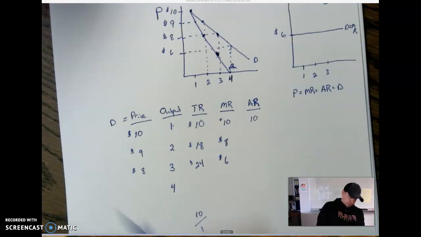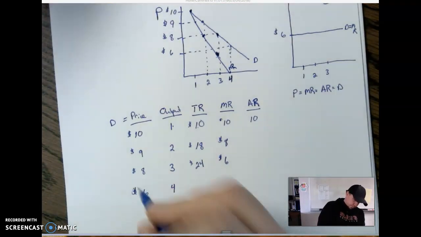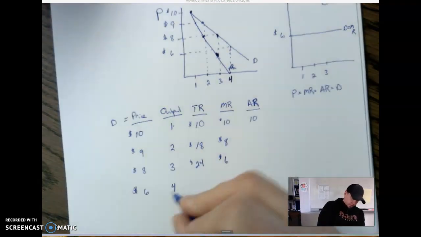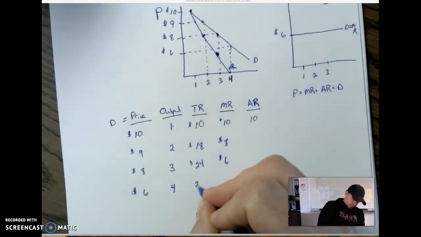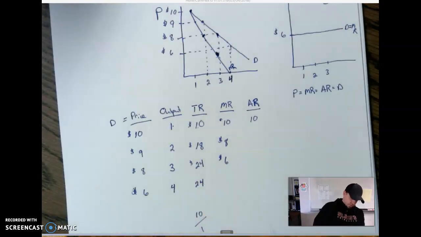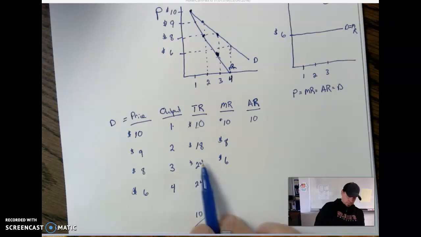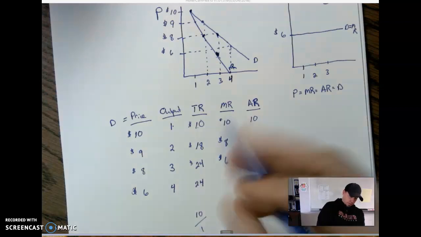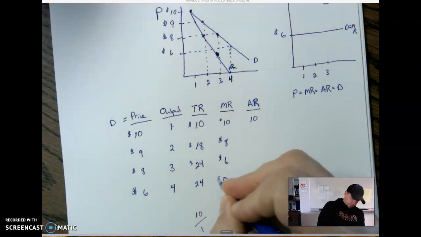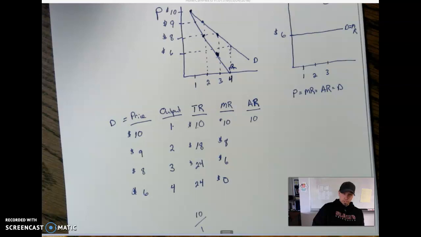So our total revenue, 6 times 4, is 24. Hope that makes sense. Now, our change in total revenue doesn't change, right? It's 0. So our marginal revenue falls to 0 at that point.